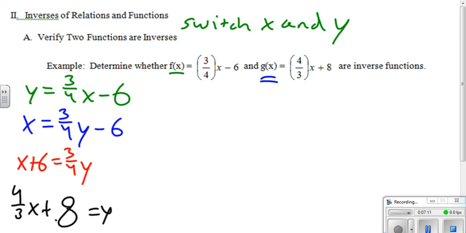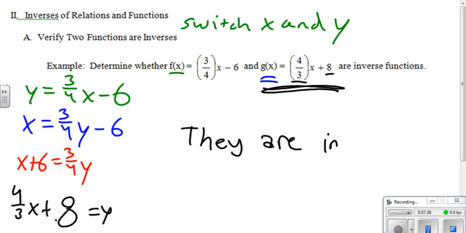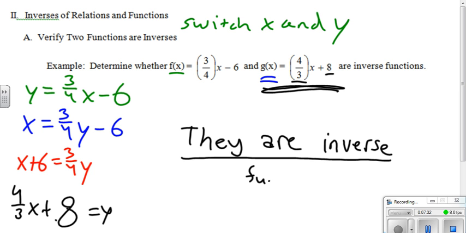So 4/3 x plus 8 equals y. 4/3 x plus 8 equals our g of x. So we know that they are, in fact, inverse functions.